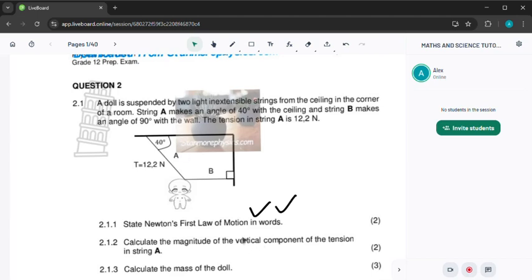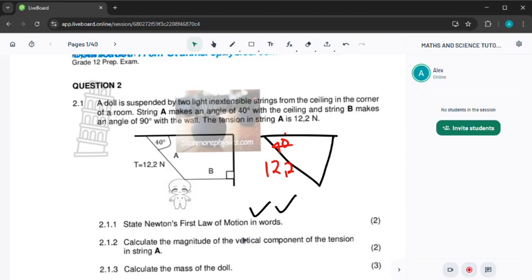So in other words, here we are looking for the vertical component. Let's try to draw maybe a triangle. I'm trying to show you something here. Yeah, it's bad, but yeah. So we have 40 degrees here, and then we have a tension here, which is 12,2.